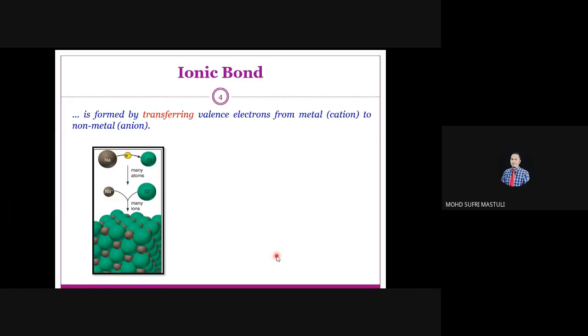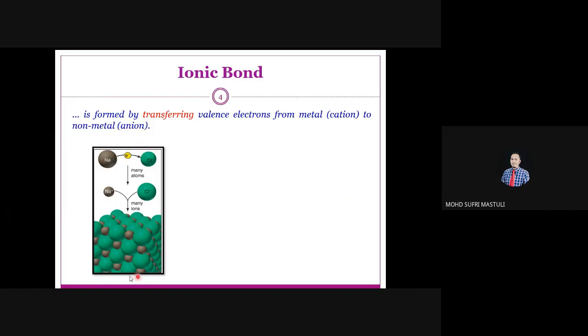As I mentioned previously, we have three types of chemical bonds. One of them is ionic bond. Ionic bond is formed by transferring the valence electrons from where to where? From metal, which forms a cation, to non-metal, which forms an anion.